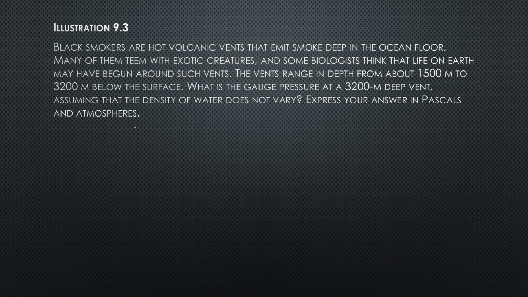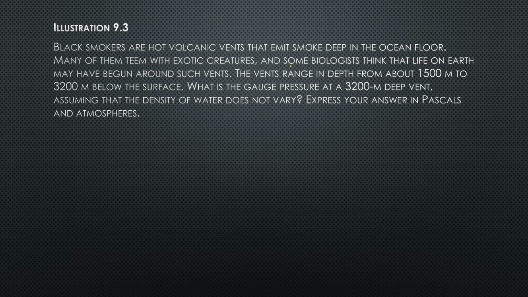Now considering illustration 9.3. Black smokers are hot volcanic vents that emit smoke deep in the ocean floor. Many of them teem with exotic creatures, and some biologists think that life on Earth may begin around such vents.